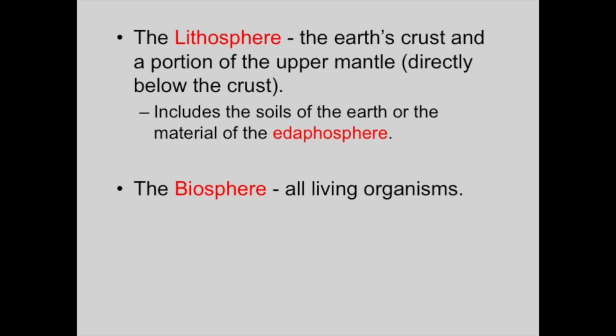Sometimes called the ecosphere, the biosphere exists in the overlap between the abiotic qualities of the previous geological spheres that I mentioned, but then also how those abiotic spheres overlap with life on the planet.